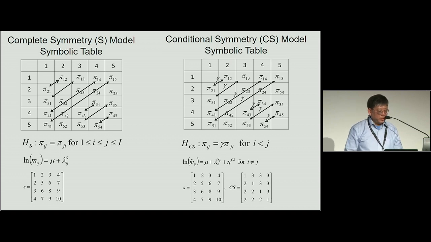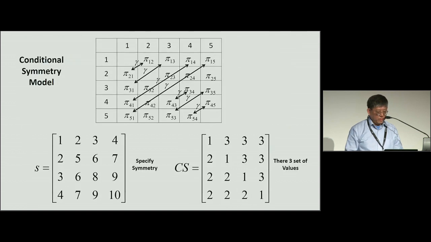Yeah. So to do that, instead of specifying only S, we need to include another matrix, which is the CS. So the S shows the symmetry pattern that 2 is here, 4 is there, 9 is here, so it's symmetric to the diagonal. While the CS is specified in this way: one set on the lower diagonal, one set on the upper diagonal, and one on the diagonal.